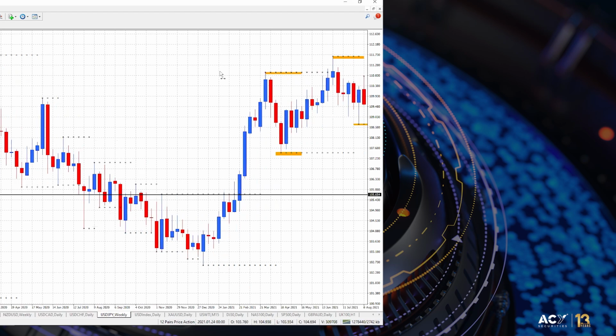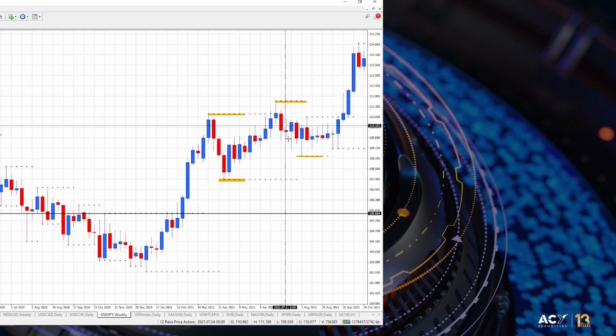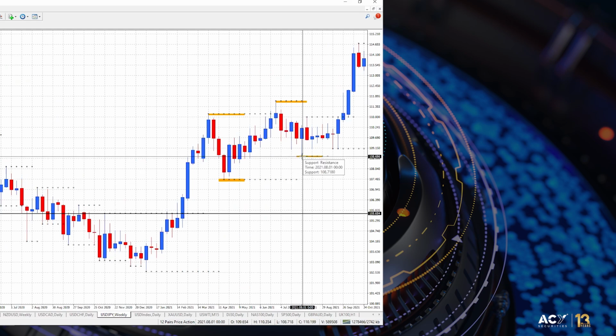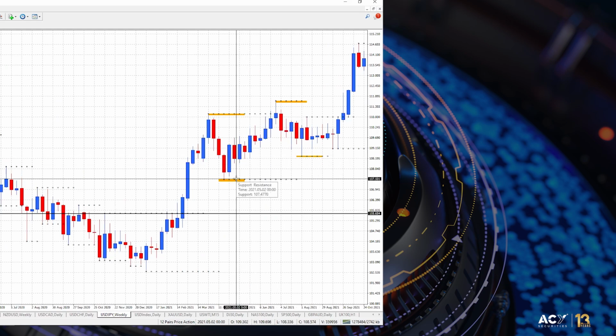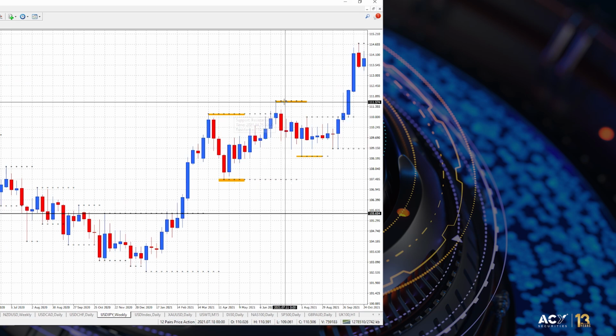And as we move across week after week, you notice that price then comes in and puts in what we call a higher low here. So it is higher than this previous low. So we've got a higher low formation and a higher high formation. Therefore, that is the definition of what we're looking for in an uptrend.